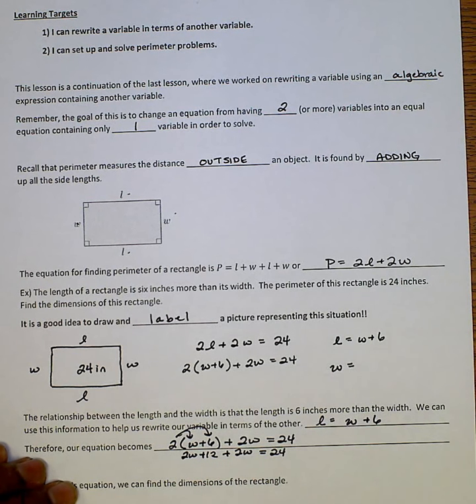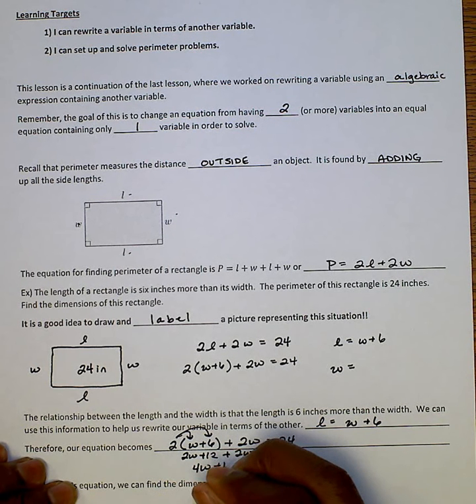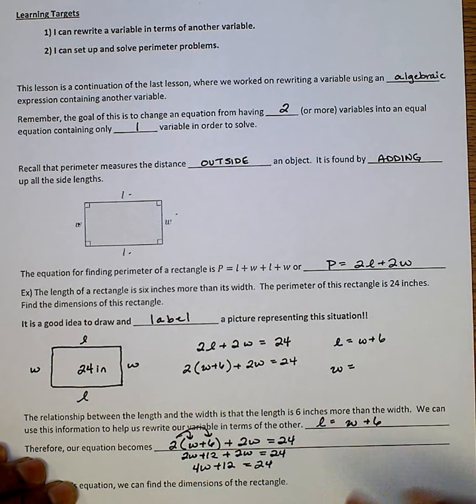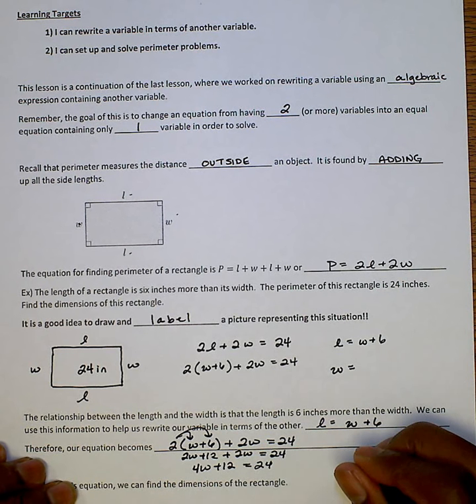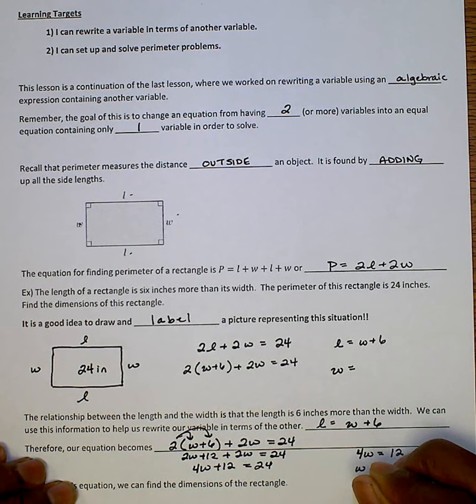I'll add my like terms together now. 2W plus 2W is 4W, plus 12 equals 24. Now I'll subtract 12 from both sides, so 4W will equal 12, and then divide by 4, and so W equals 3.